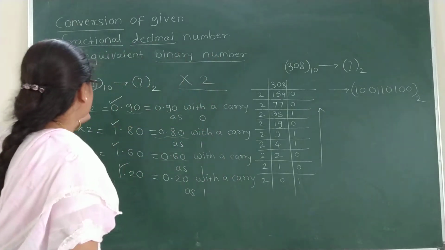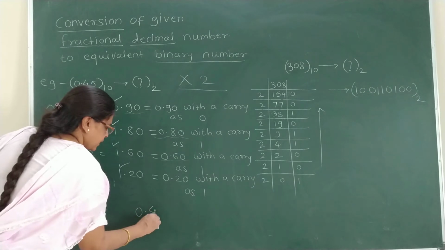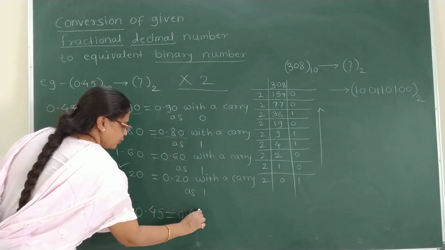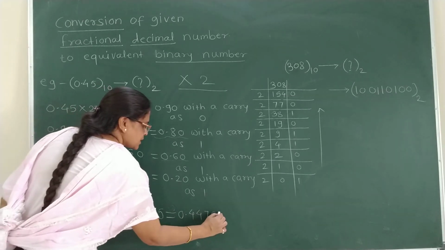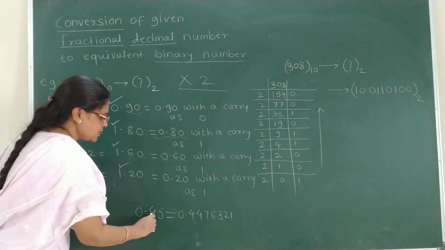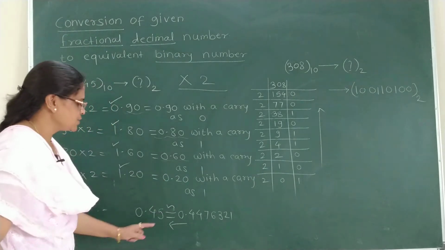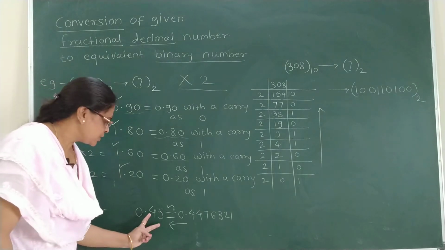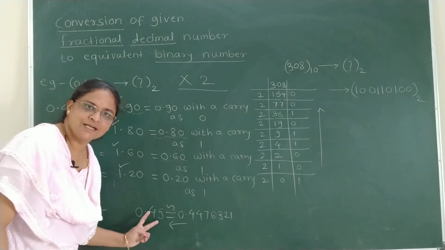For example, this 0.45 can be written as 0.4476321, but the approximation that is made is 0.45. So here we used only 2 digits in the decimal number.